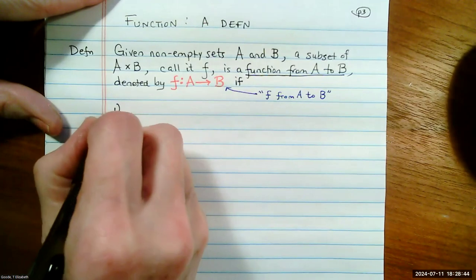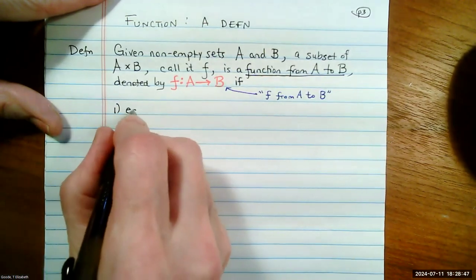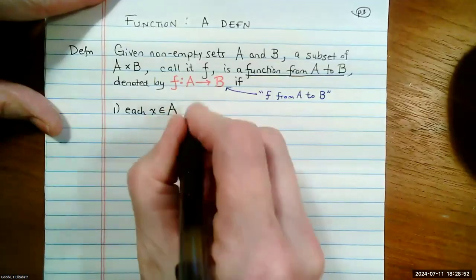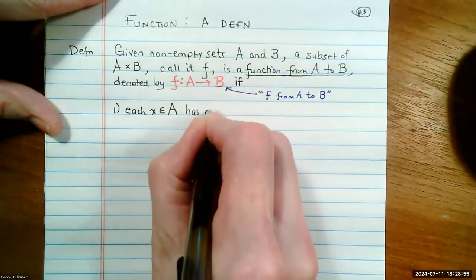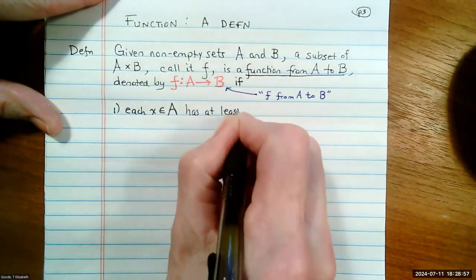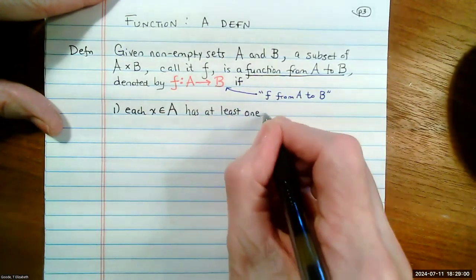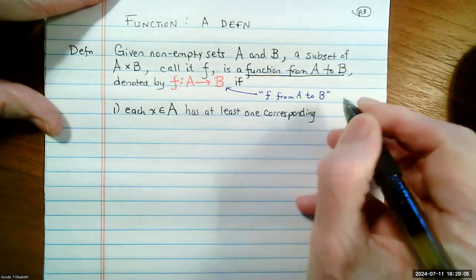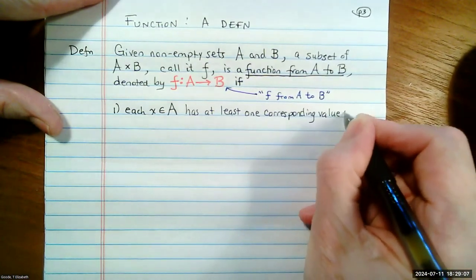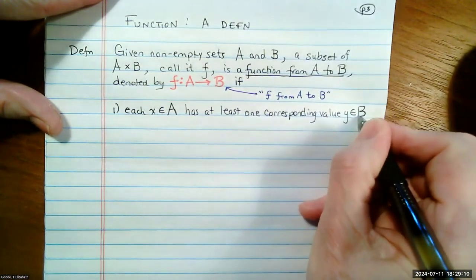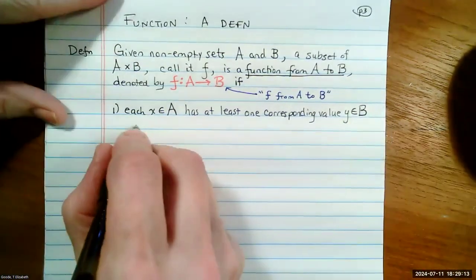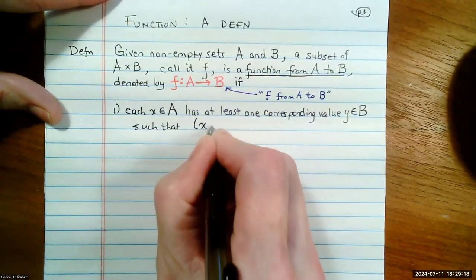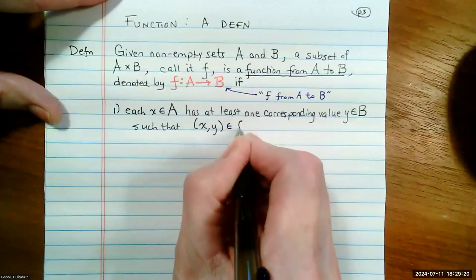One, each X in set A has at least one corresponding value Y in B such that the ordered pair X comma Y is an element of F.